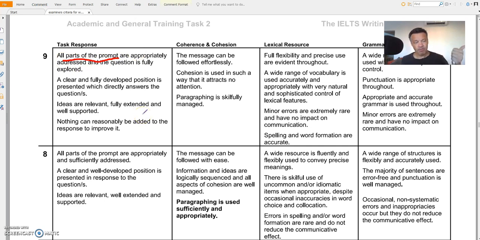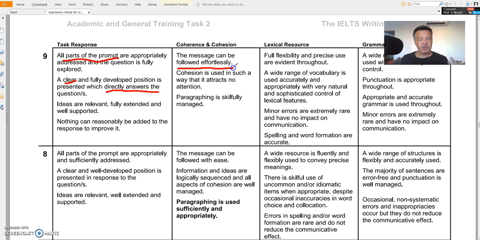So, the problem is, the solution is. A clear, fully developed position which directly answers the question. Hence, the problem is, the solution is. That's it. Good supporting ideas and examples, and that'll be fine.